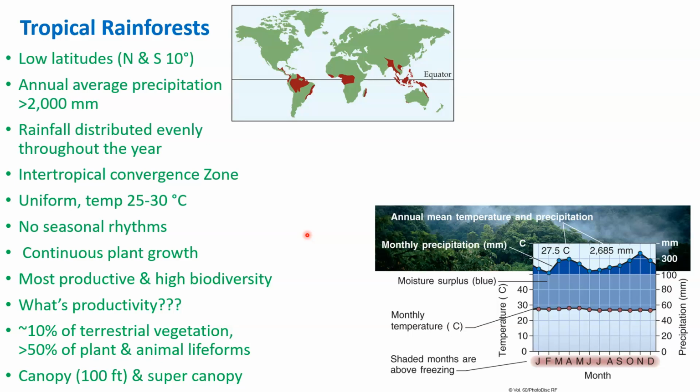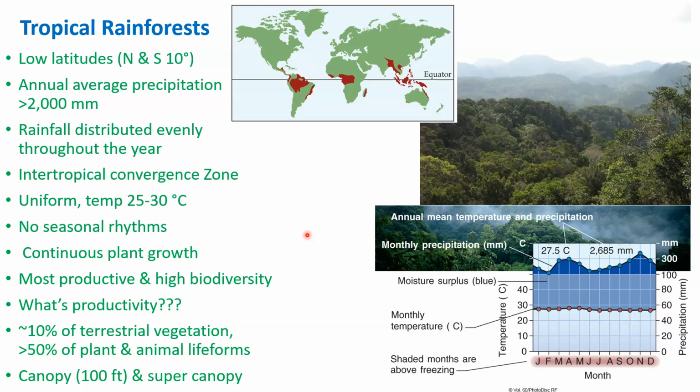Those trees can grow about 150, 160 feet in height. So that's an example of how a tropical rainforest canopy looks. It's so thick and continuous that sunlight penetration to the bottom of the tropical rainforest is very rare.